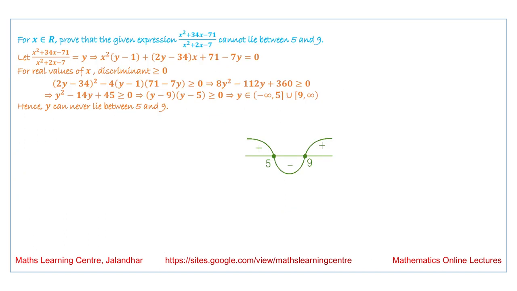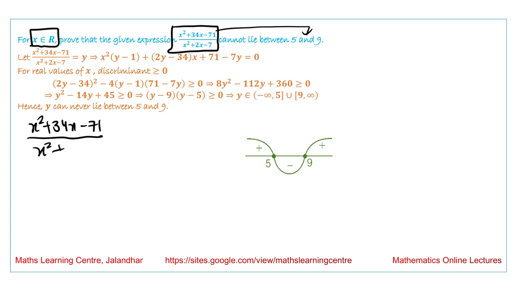Now the next question. It is given that x belongs to R and we have to prove that this expression cannot lie between 5 and 9. Suppose the value of this expression, x square plus 34x minus 71 divided by x square plus 2x minus 7, is equal to y.